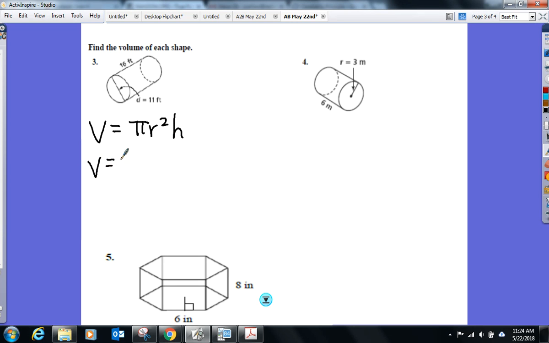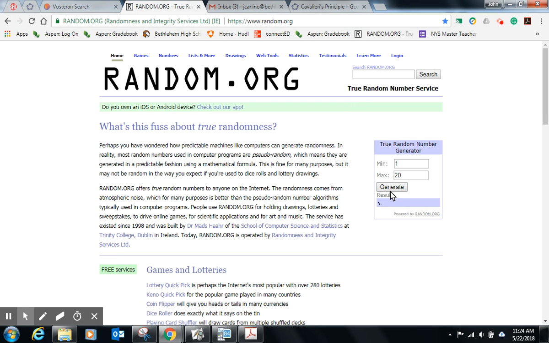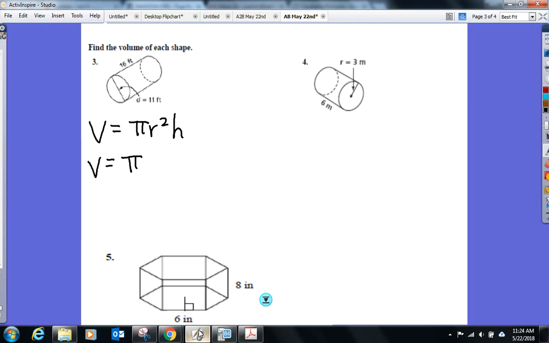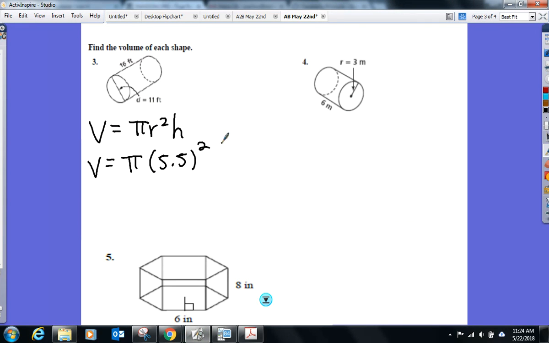Thank you very much. How about the radius for this cylinder? 5.5. How'd you get it? There you go, 5.5 squared. And according to this diagram, what's the height? 16.